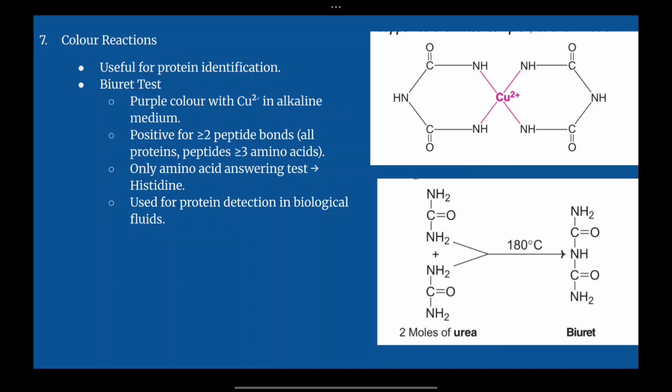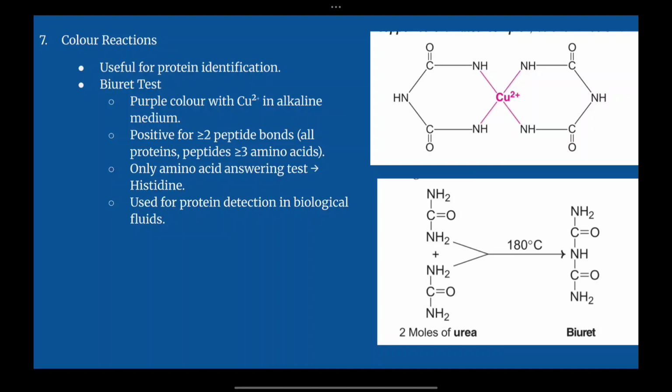It is positive if the reading shows the presence of two or more peptide bonds in the amino acids. If the peptide has more than 3 amino acids, it is said to be a protein. The only amino acid that answers this test is histidine, so histidine alone can be determined in the biuret test.